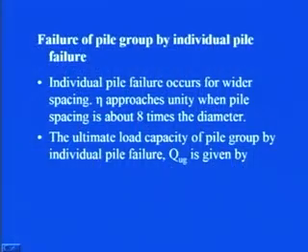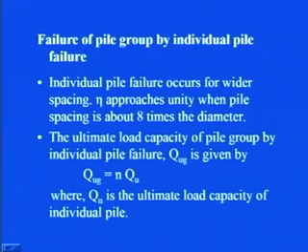So, as it was there, in case of block failure, it was occurring when the spacing was less than 2 to 3 times the pile diameter. However, in case of individual pile failure, when the spacing is more than 8 times the pile diameter, it is likely to occur. So, the ultimate load capacity of the pile group by individual pile failure, which is QUG, is given by this particular expression, that is QUG is equal to N times QU, where QU is the ultimate load carrying capacity of an individual pile.